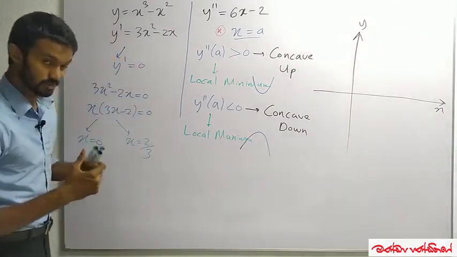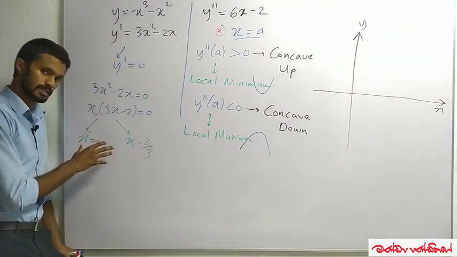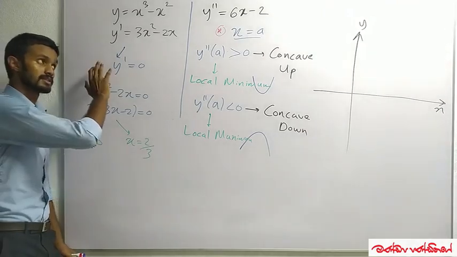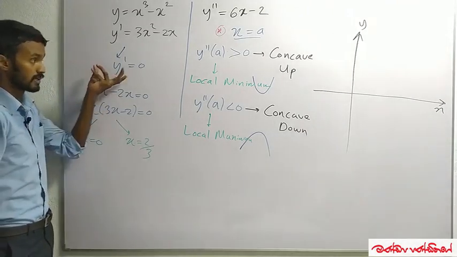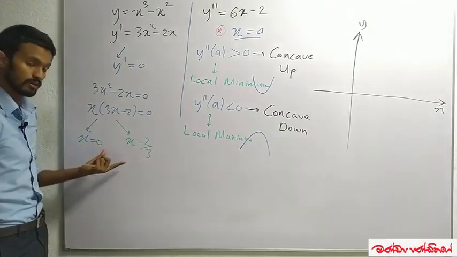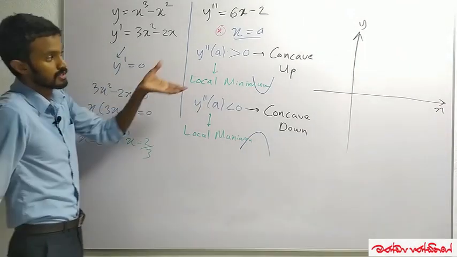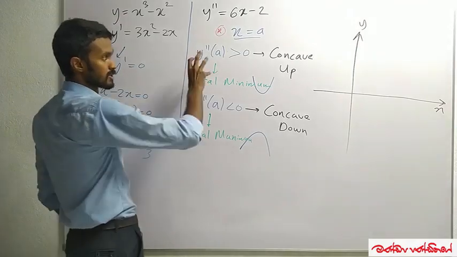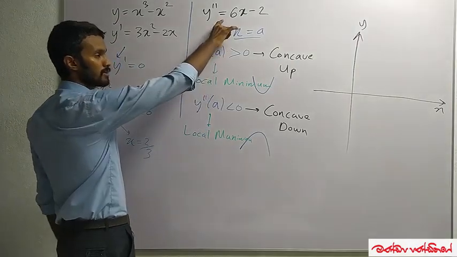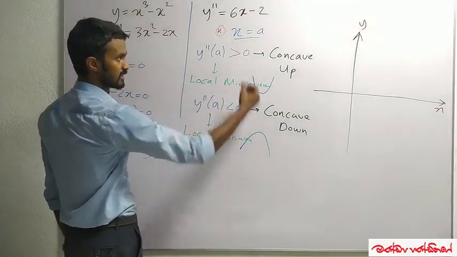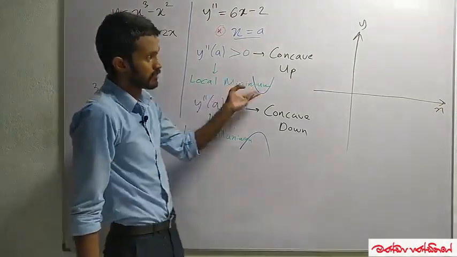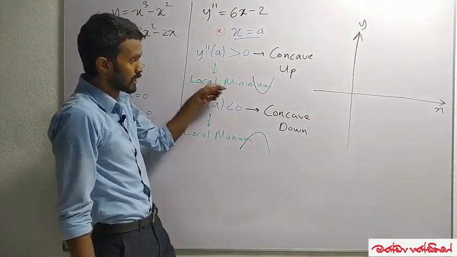So first find the turning points using the first derivative, equate it to 0, and we get two turning points. Then by this theorem, if we substitute the turning point into the second derivative and it is positive, greater than 0, we have a concave up shape, which means it's a local minimum.